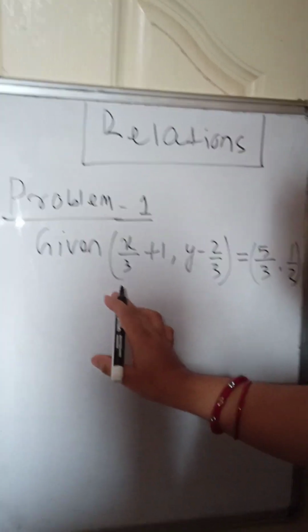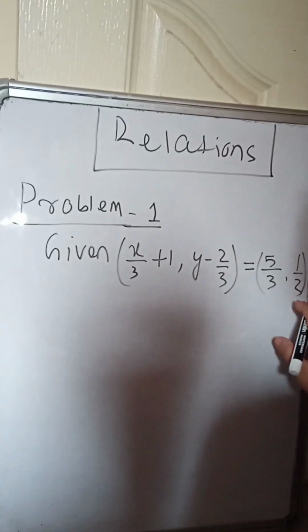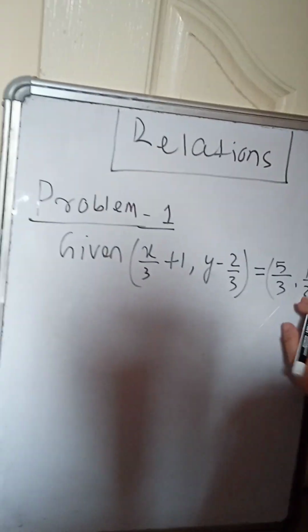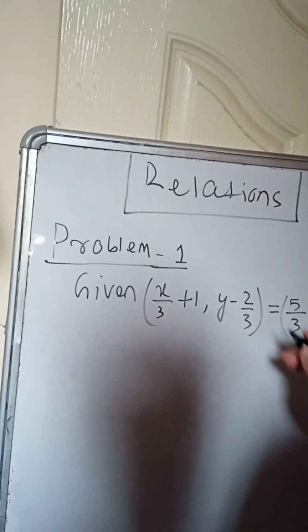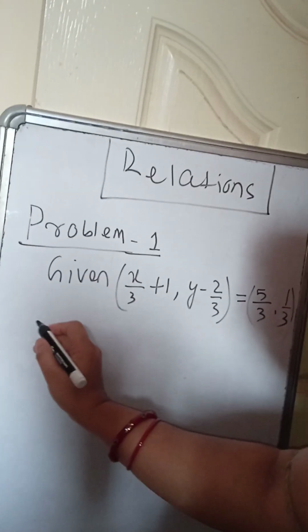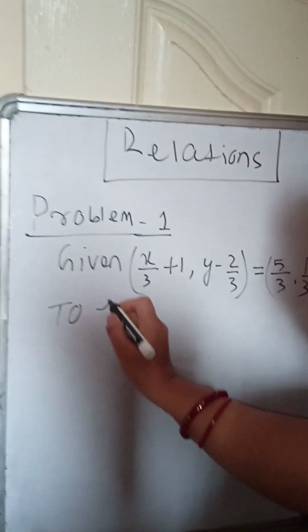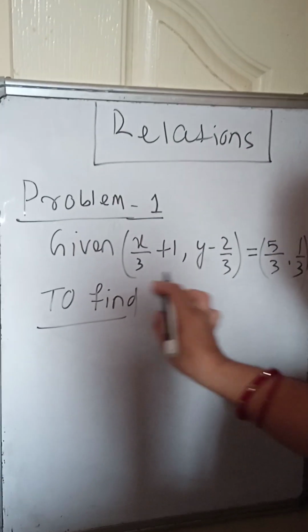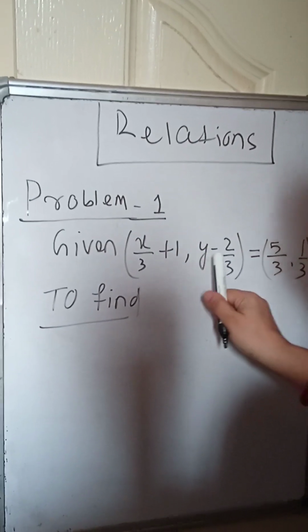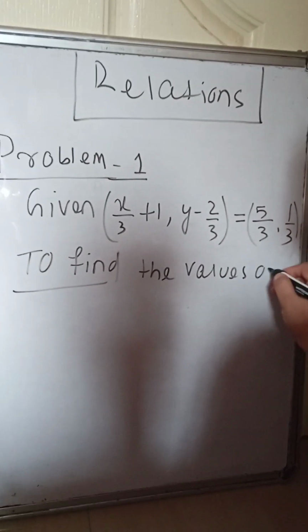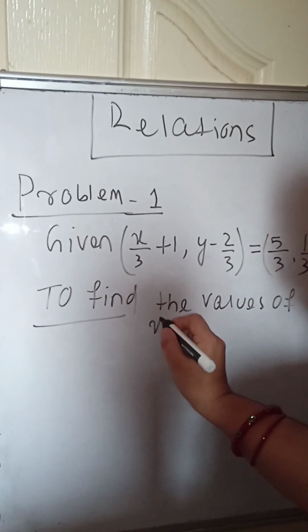So here the left hand side is one ordered pair and the right hand side is another ordered pair. Then you have to find the values of x and y. In this equation, the unknowns are the variable x and the variable y.